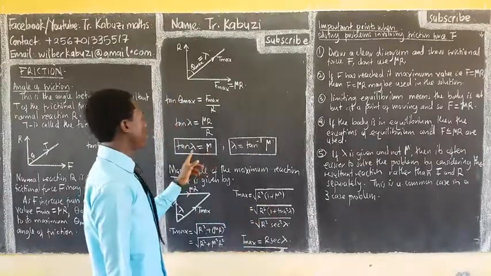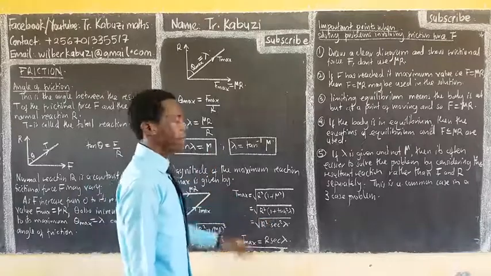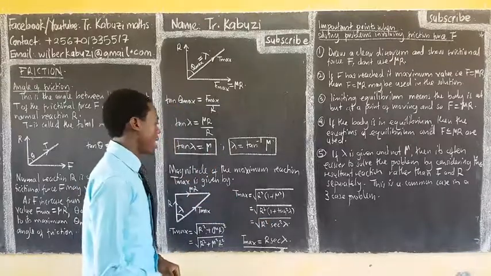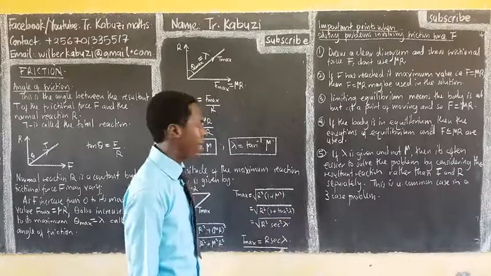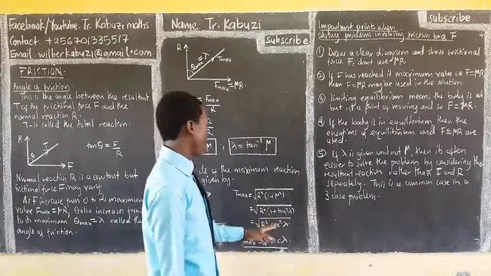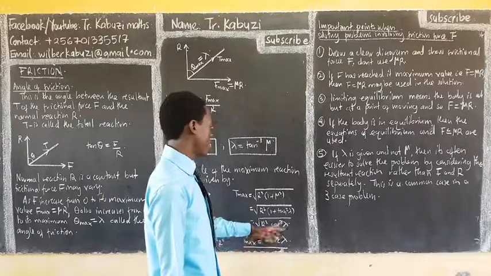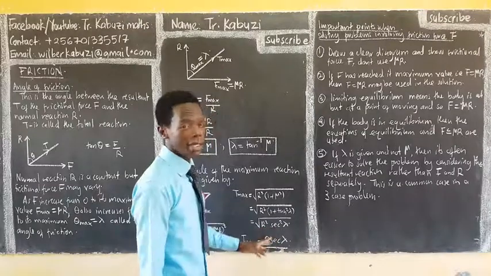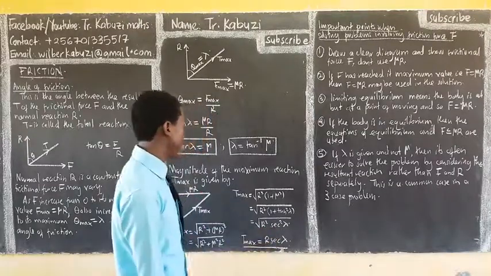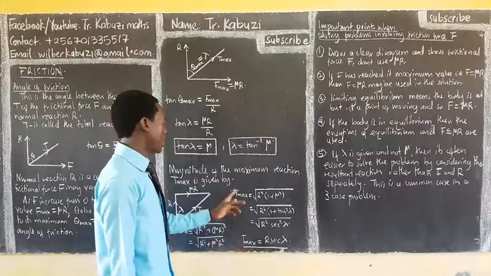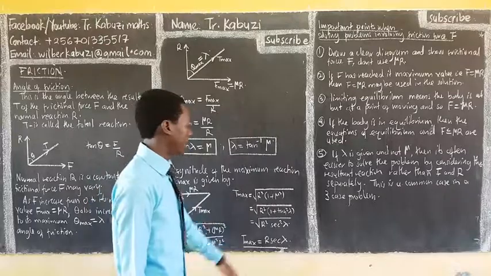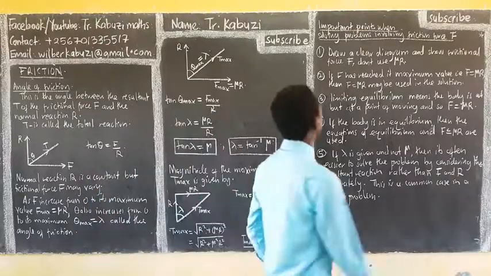Remember our mu is tan lambda, so when we square it we have tan squared lambda. But 1 plus tan squared lambda is the same as sec squared lambda. Then we get the square root of the separate terms, because this is a product. So the magnitude of the maximum reaction is R sec lambda.